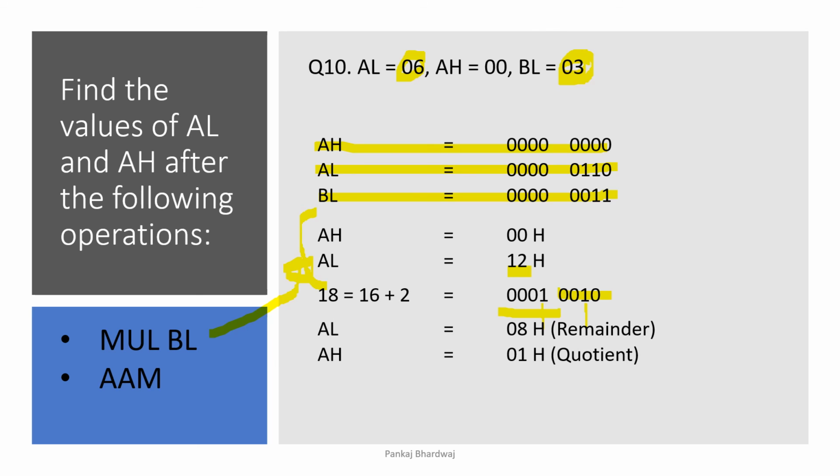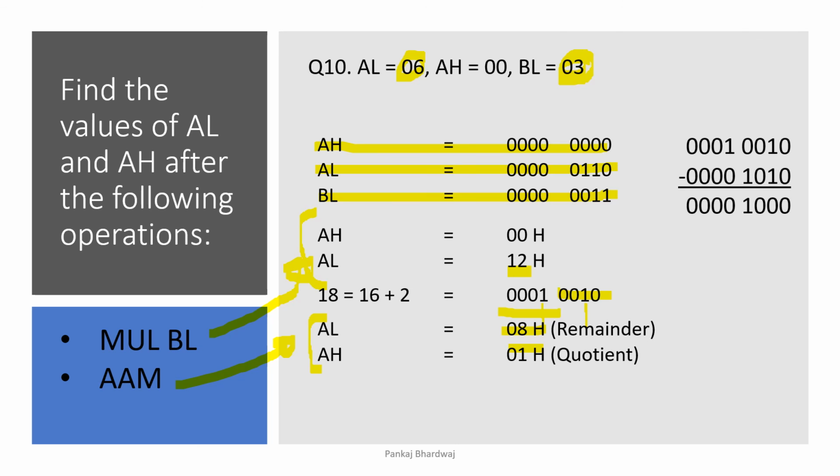But AAM stores the data in AL and AH as 08 and 01. Why? Again the same operation. If we subtract 10 from 18, it increases the quotient by 1 and it changes the result in AL to 18 minus 10, that is 8. Now we cannot subtract 10 from 8 because the number will become negative.